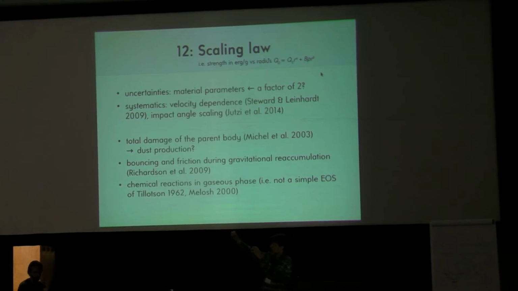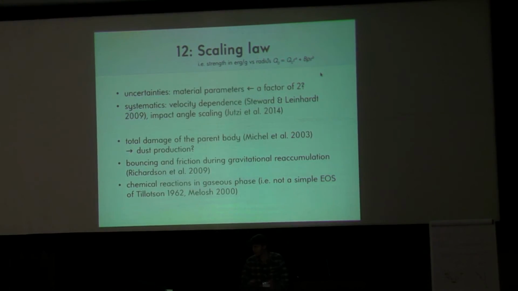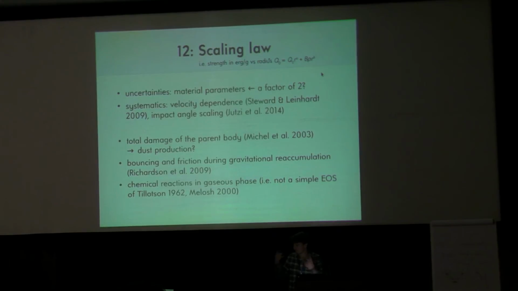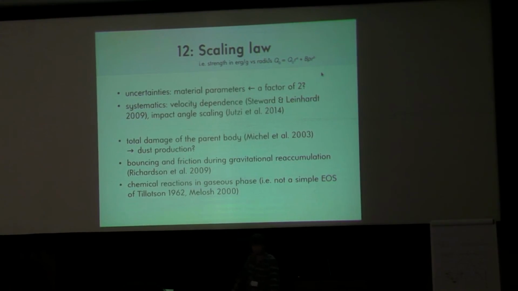So if there is a reaccumulation event, then you can bounce all over the surface, and the resulting distribution might be very different, as suggested by Richardson et al. And finally, if the collision is energetic enough and you create a vapor, then everything is wrong. Everything. Because you create a hot gas which can exhibit chemical reactions. So you definitely cannot use a single equation of state like Watson 1960.